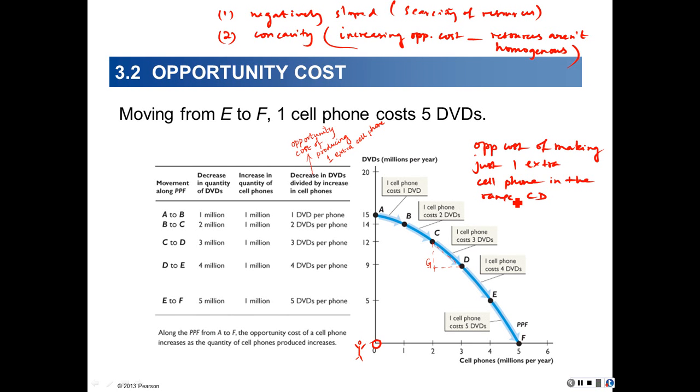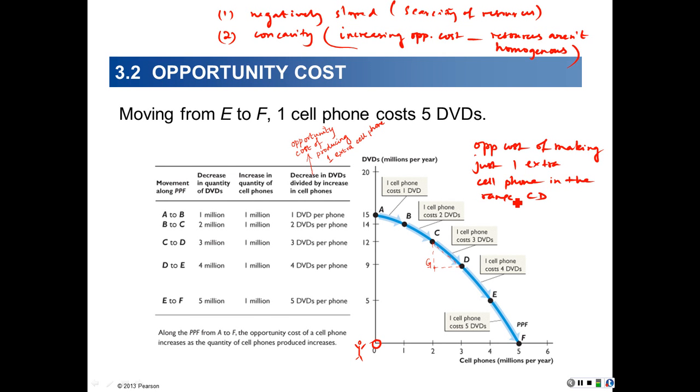In other words, I don't want to make an extra whole million cell phones. I want to make just one extra cell phone. What would be the opportunity cost of doing that in terms of DVDs given up? Now, 3 DVDs. How do we arrive at 3 DVDs?